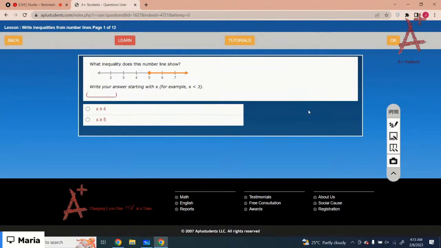So it would be x is greater than or equal to 5. Just select the correct option and click on the OK button.